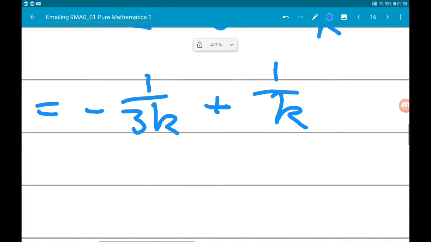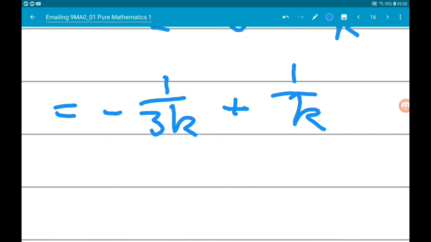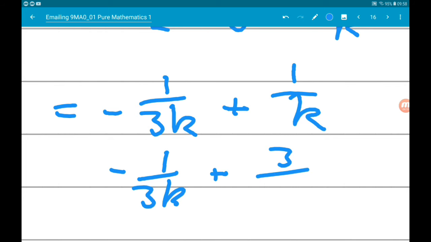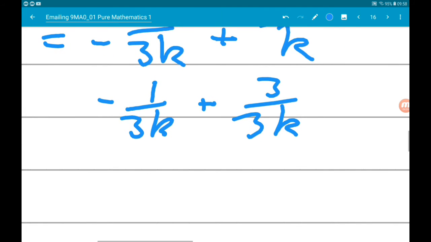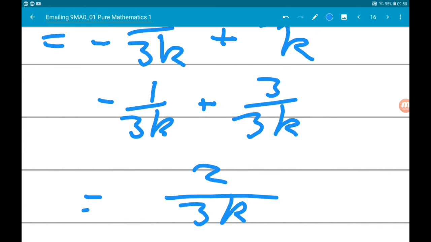Now, if we combine these, let's go for common denominators: minus 1 over 3k, add 3 over 3k. That gives us 3 minus 1, which is 2 over 3k.